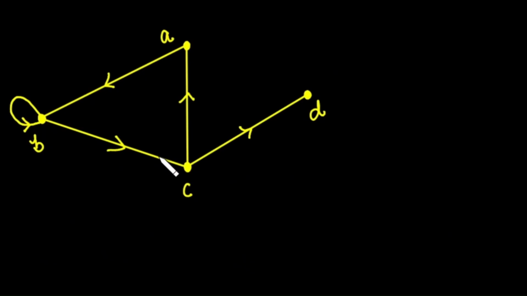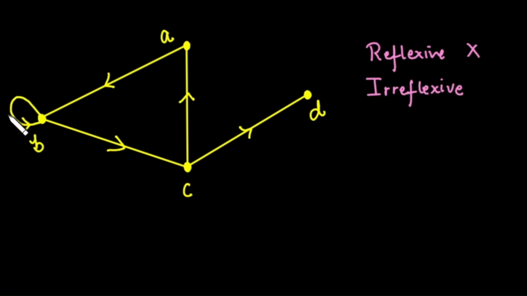Let's check what type of relation the directed graph indicates. So here we don't have a self loop on A, so it means it is not a reflexive relation. Is this an irreflexive relation? No. Why? Because there is a self loop on the B vertex.